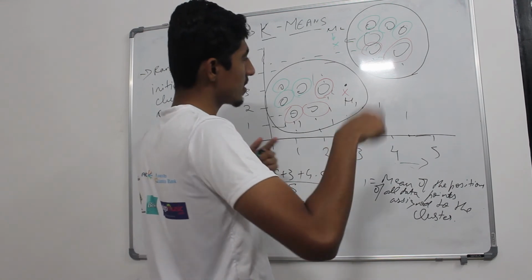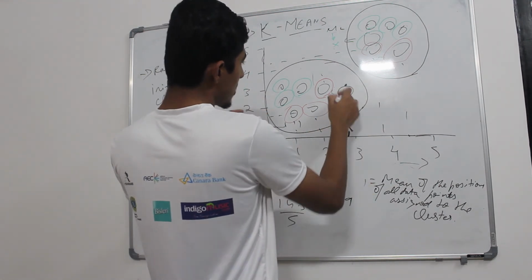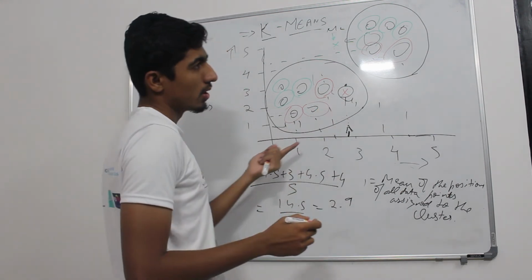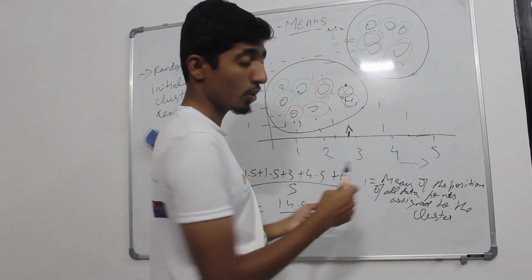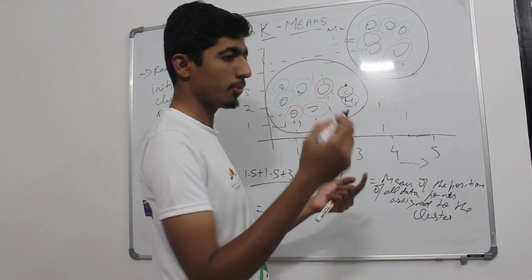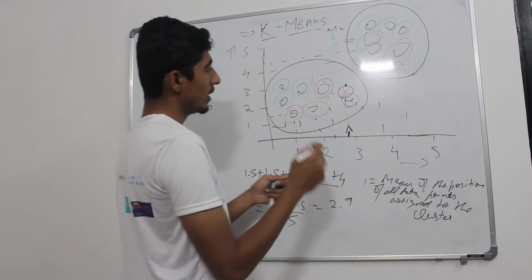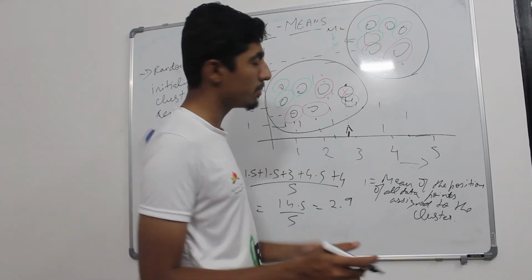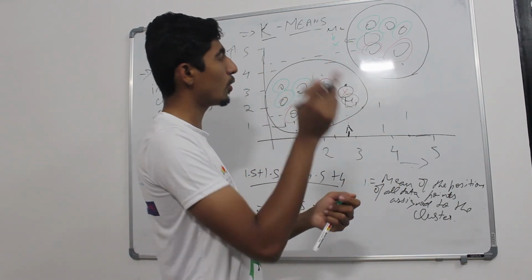Even though the loop is running, no values are going to change because this cluster is not going to move. So inside the loop we can say, in basic English, not in any programming language, if mu1 is not going to change, from that point we can break out of the loop.